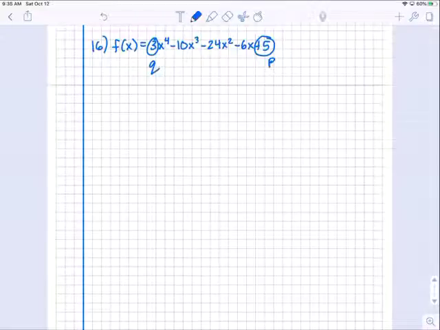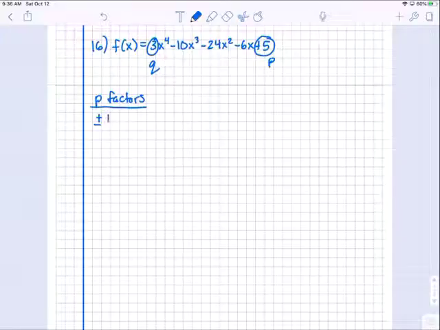Now, we have to find our p factors, which is going to be plus or minus 1 and 5. And then our q factors, which is going to be plus or minus 1 and 3.